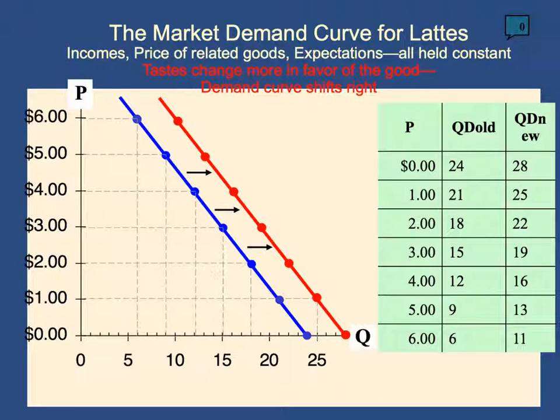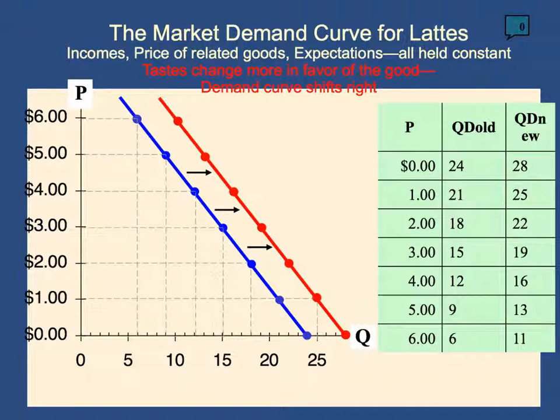When the demand curve shifts, it's because there's a change in income, price of related goods, expectations about the future, tastes and preferences, or the quantity of buyers. For example, when tastes change more in favor of the good, it's going to make the market demand more at every single price level.